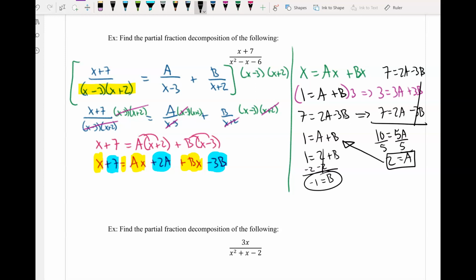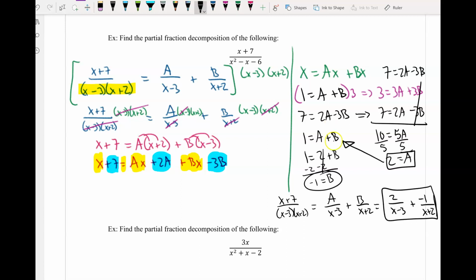So now I know what the answer is. I'm going to just plug it back into the original. So we knew that x plus 7 over x minus 3, x plus 2 was equal to a over x minus 3 plus b over x plus 2. So plugging it in, you get that 2 over x minus 3 plus negative 1 over x plus 2 is my solution.